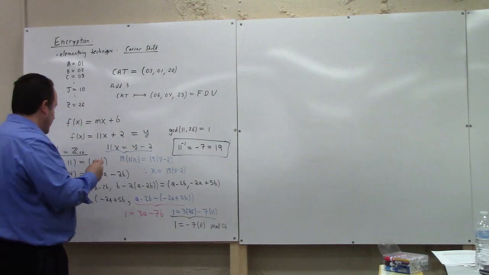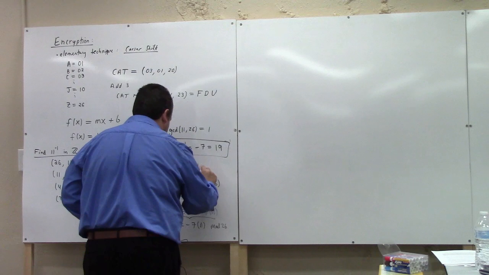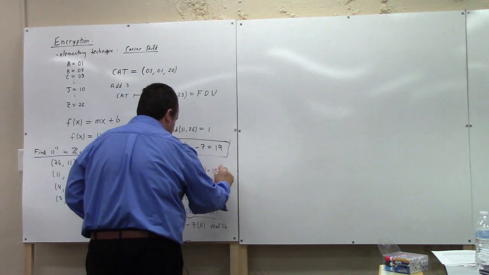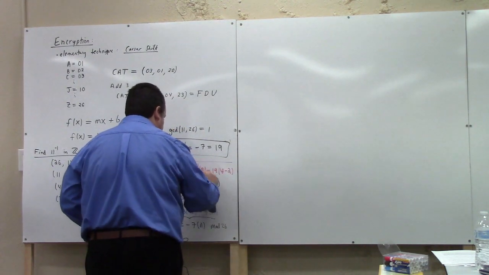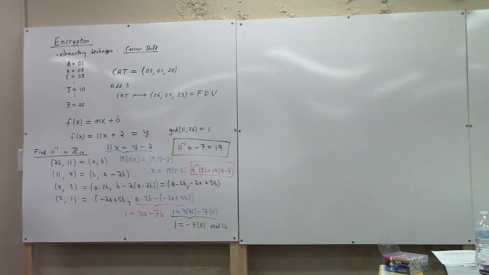Just to complete the thought here, f inverse of y is 19 times y minus 2. And so that formula right there, I could use to undo a shift. So this is more complicated than just multiplying by a number mod 26. That's a more complicated operation than just the Caesar shift, right?